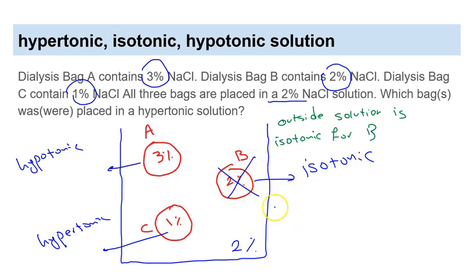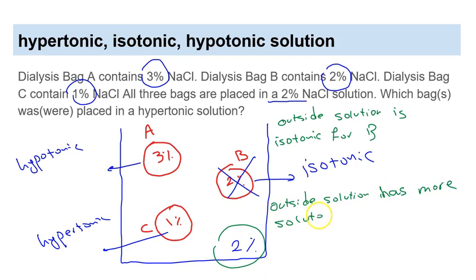And then we are going to compare the outside solution tonicity with bag C. The outside solution has more solute than bag C. What does it mean?